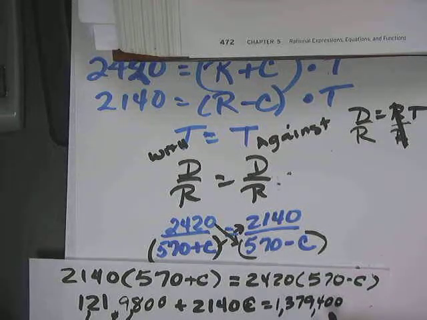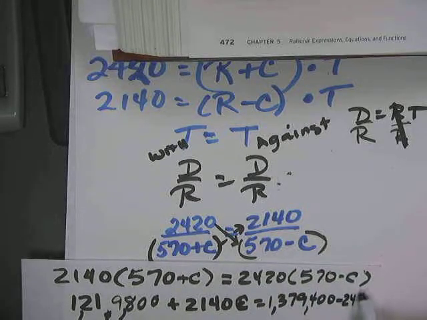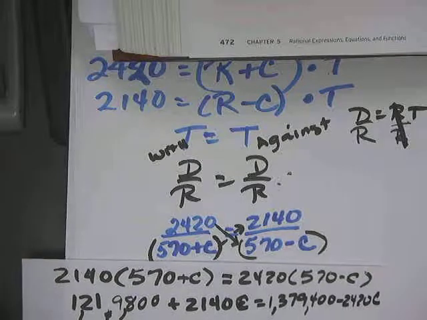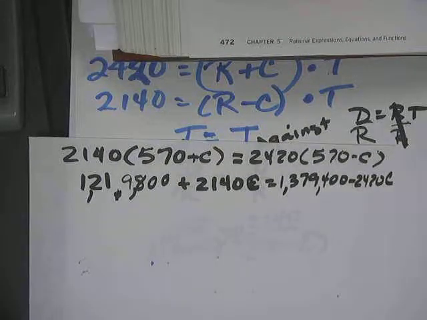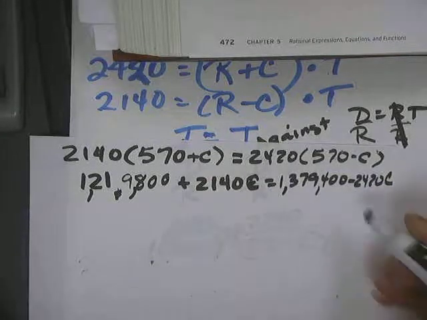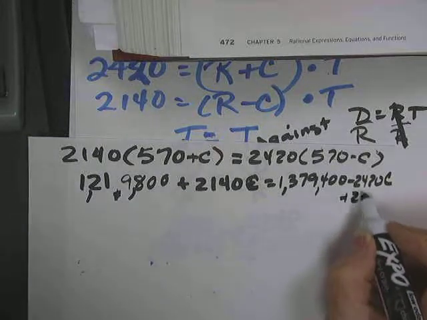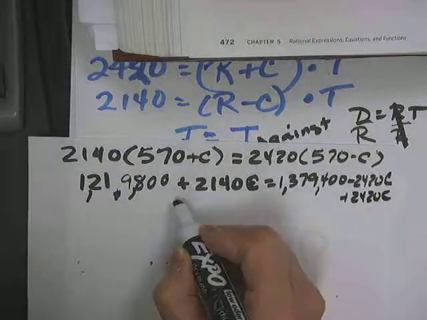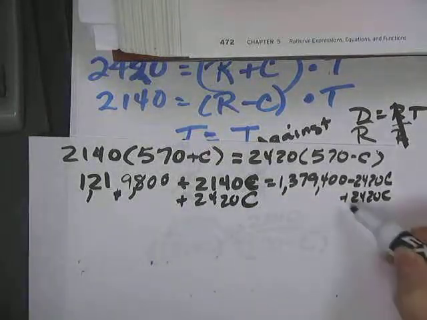Okay, two people got that, so we know it's right. And then we need 2420 times 570. 1,379,400. Yes? Okay. Minus 2420C.